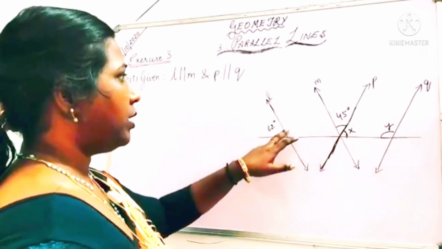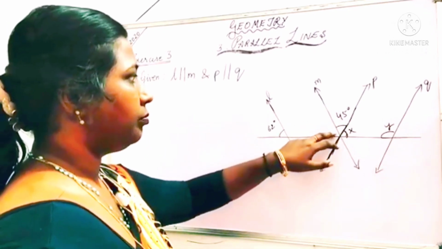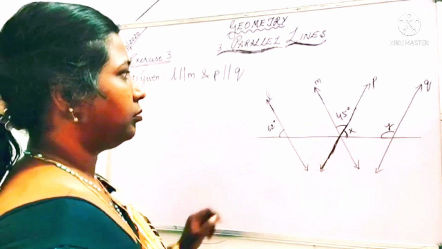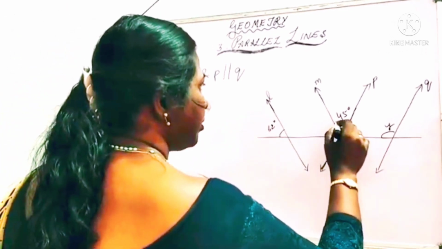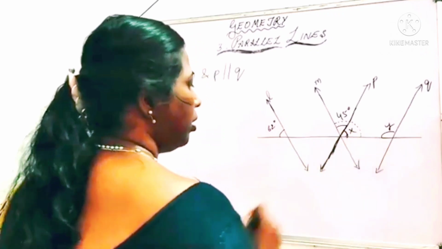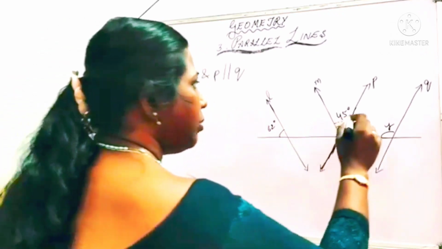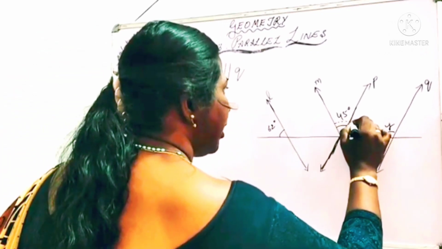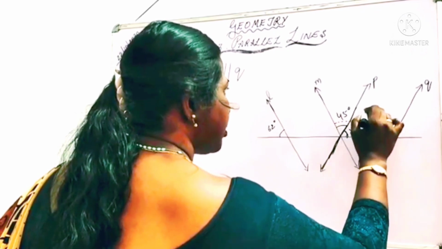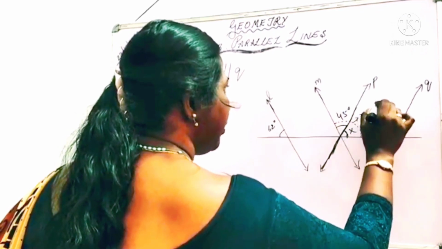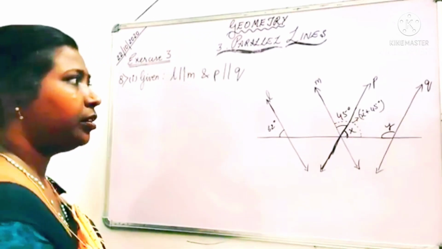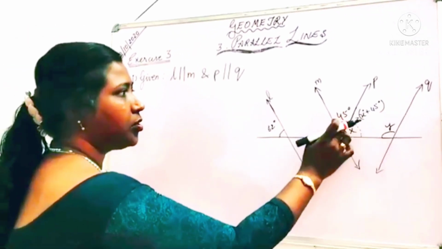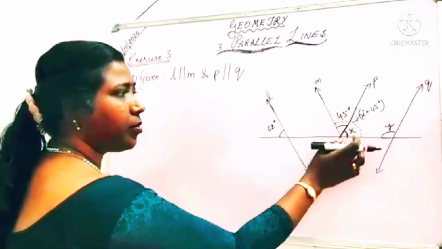Now see, this angle is equal to this angle. This whole angle can become x plus 45 degree. Can I write like this? X degree plus 45 degree. Only this angle, because here this angle is formed and this is formed.